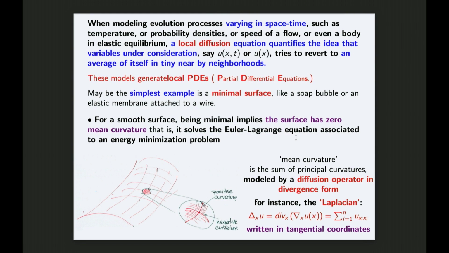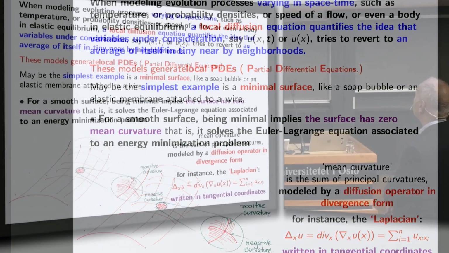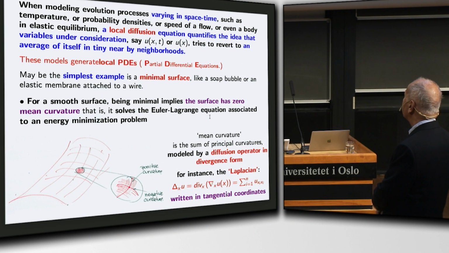Okay, so here are some things. So basically, as it says over there, we want to study the structure of some problem, of some surface, right? So we want to model equations that vary in space and time.